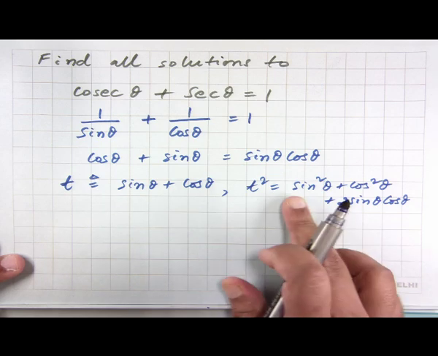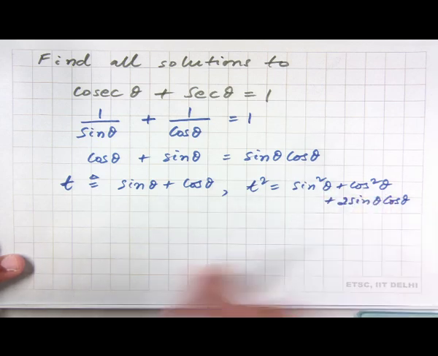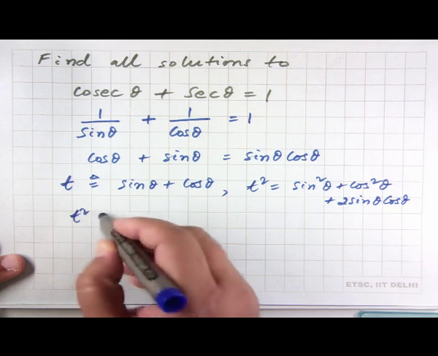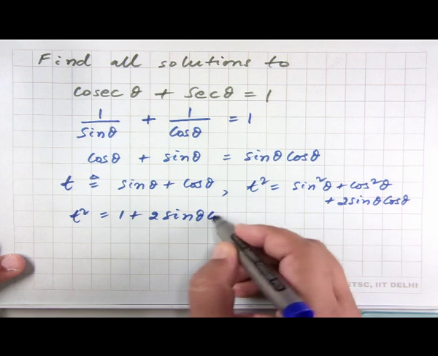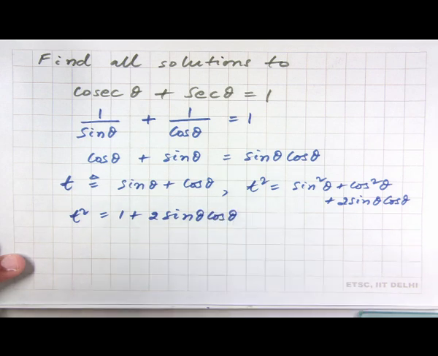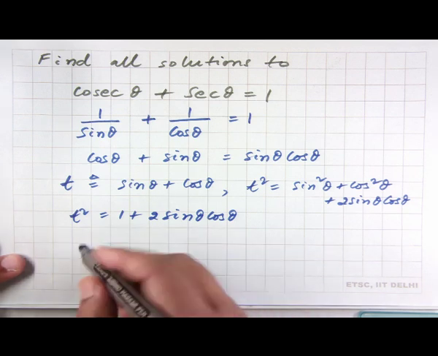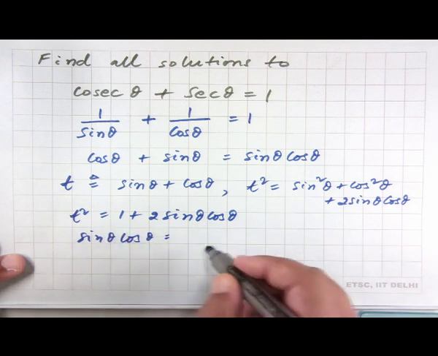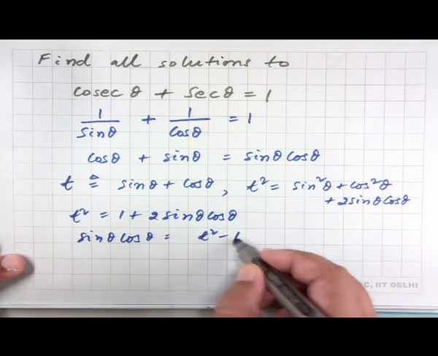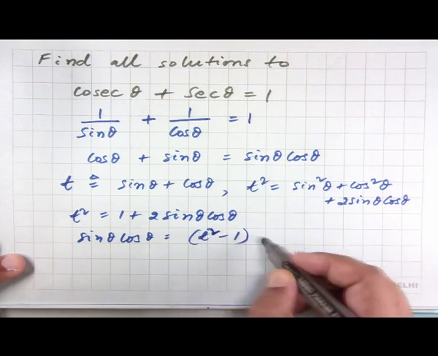But sin square theta plus cos square theta is 1, and therefore, t square is 1 plus 2 sin theta into cos theta. And from here we can see that sin theta into cos theta is actually equal to t square minus 1 over 2.